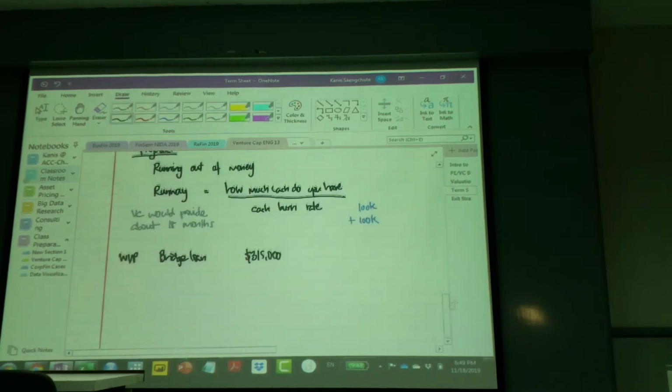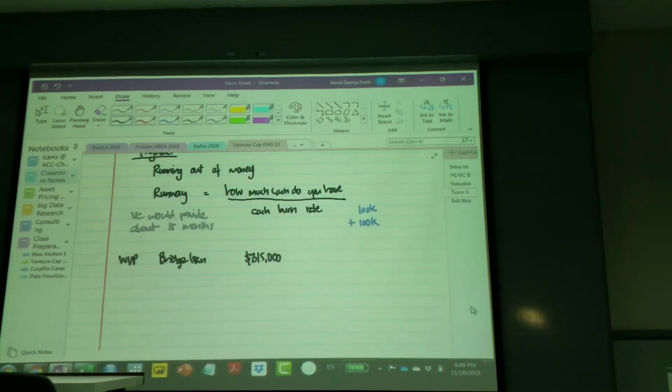What are the terms? What kind of interest rate are we being charged? They have to pay 700.